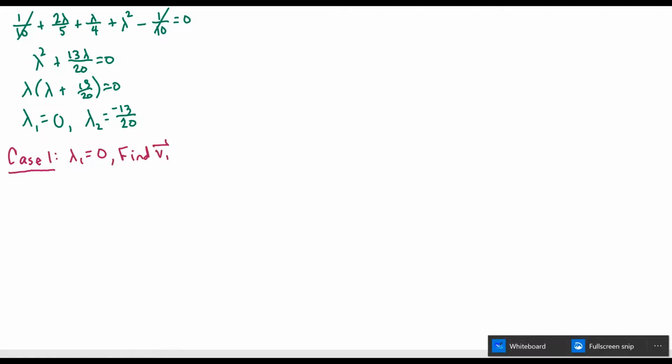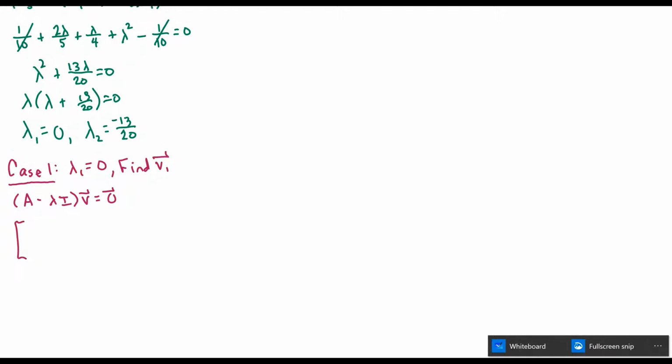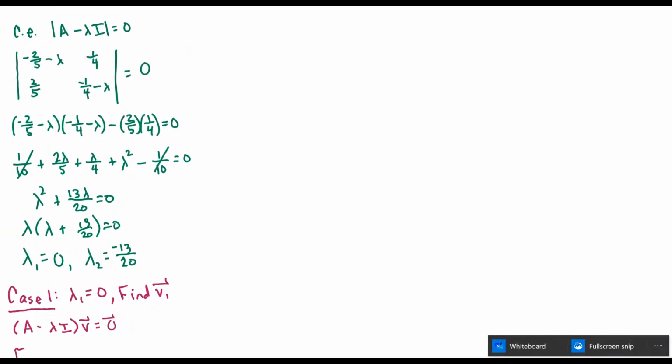So the way that we do that is by solving the matrix equation A minus lambda I times vector V equals 0 vector. So A minus lambda I, we're plugging 0 in for lambda in this A minus lambda, okay?